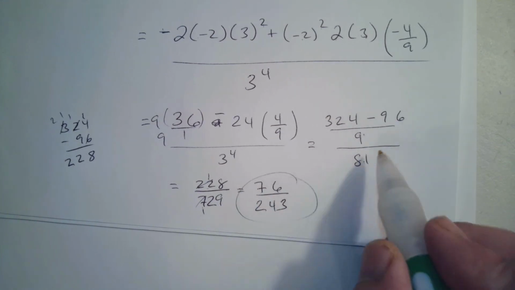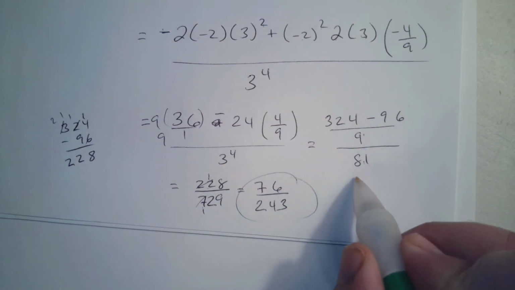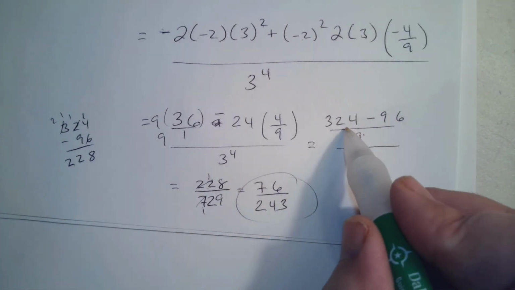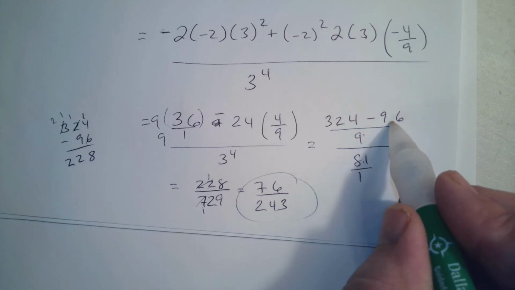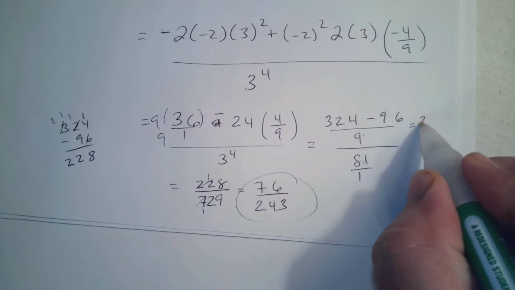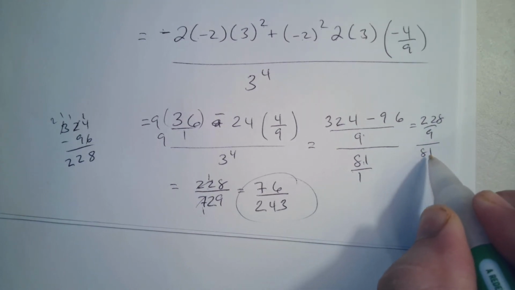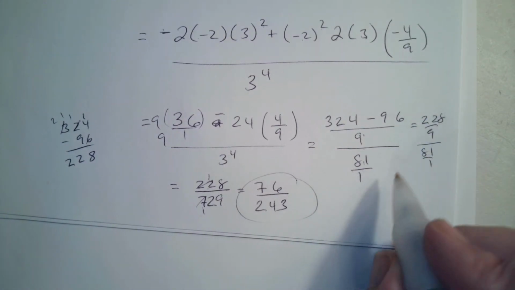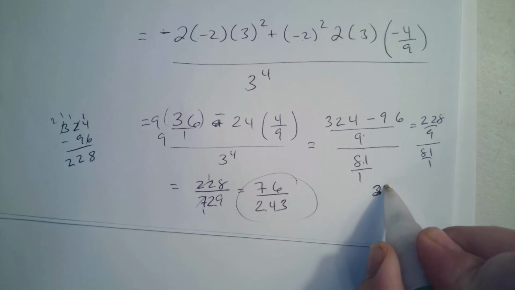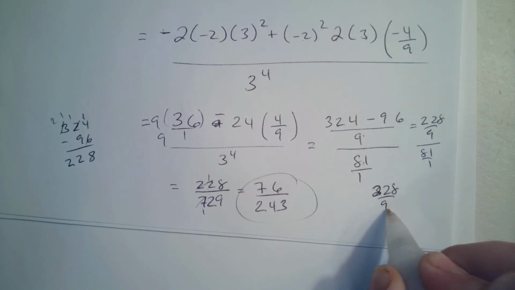Okay, how did I get from here to here? I took the top fraction, 324 minus 96. That was 228 over 9. The top fraction, 228, leave it alone, over 9.